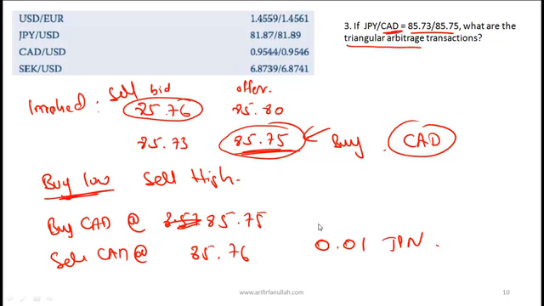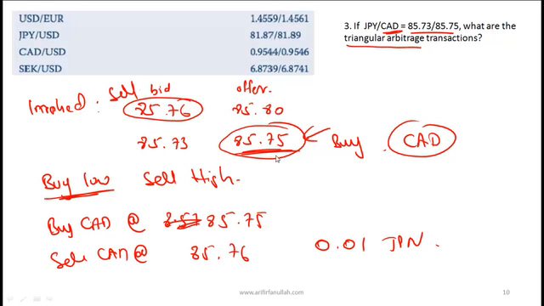The key point is that to make an arbitrage profit, there needs to be inconsistency between the implied cross rate and the cross rate. Specifically, the example we've seen here is that if the implied bid is higher than the offer rate in this interbank market, then you can make an arbitrage profit.